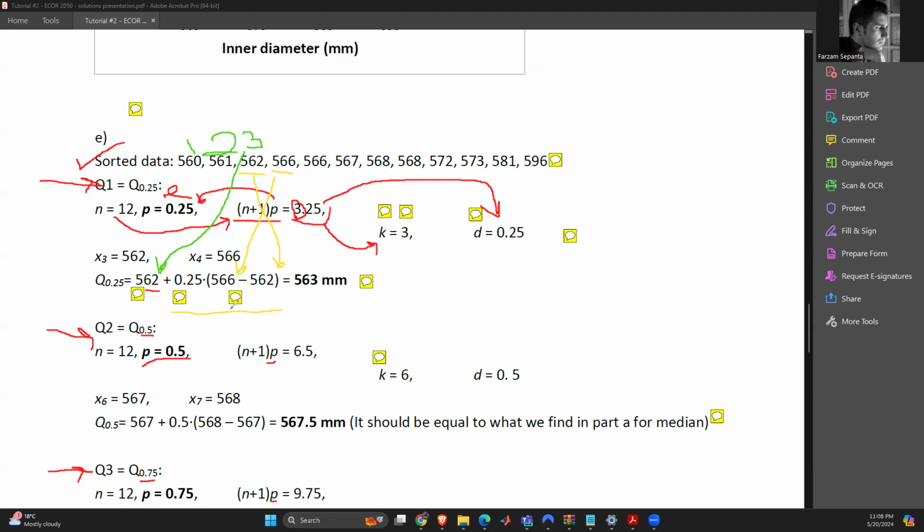This entire thing is an approximation method because this value is not exactly 3 nor exactly 4. It's 3.25. So you have 562, which is the third value, and the 0.25 after that, which we're trying to approximate. So your 25th percentile will be 563.